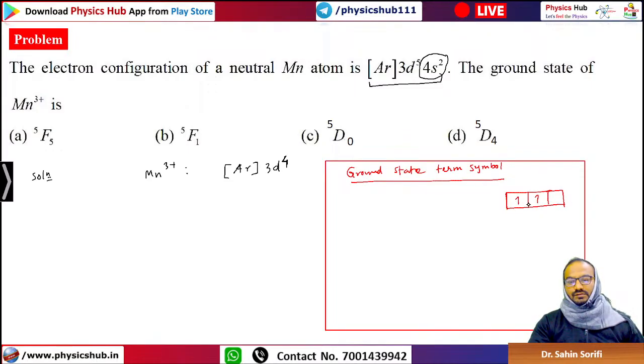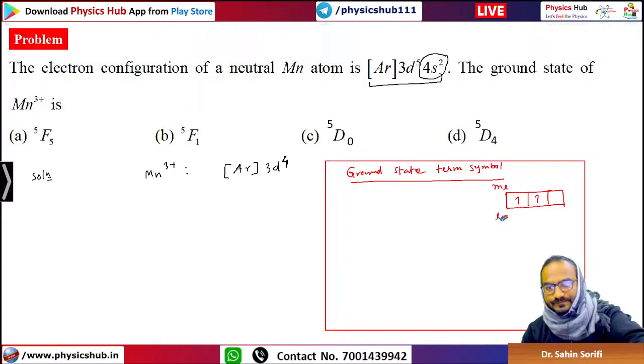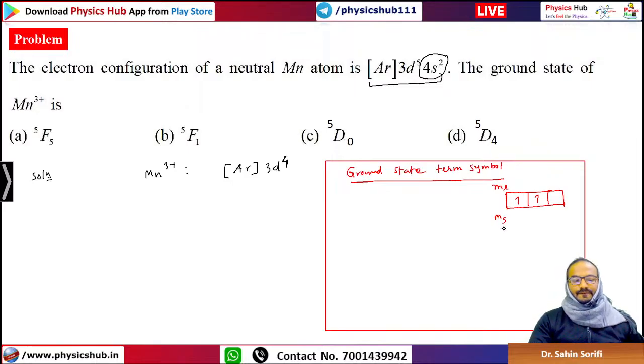Let's say we have the electrons filled in this way. Each electron will have its ml and ms values, right? For the p orbital, ml values may be +1, 0, -1, and ms is plus or minus half every time.